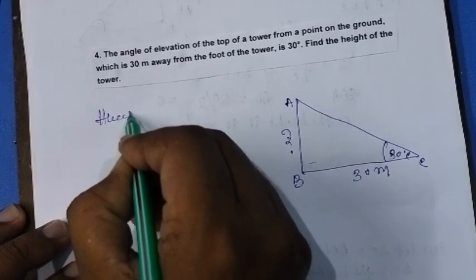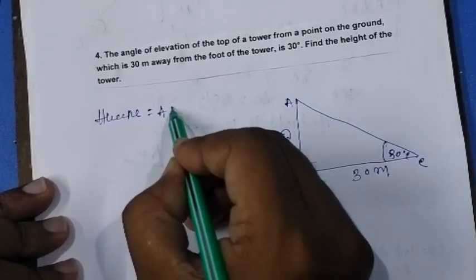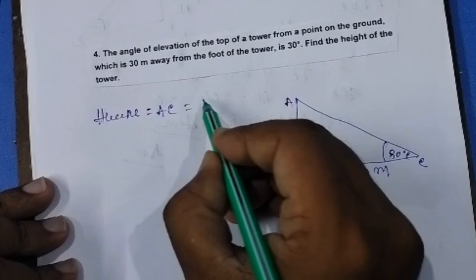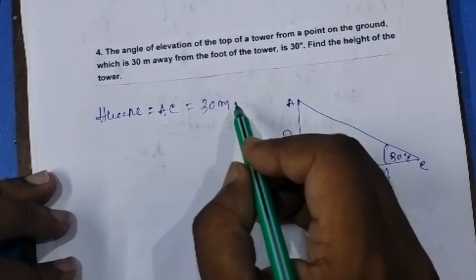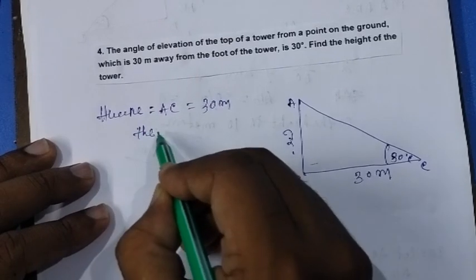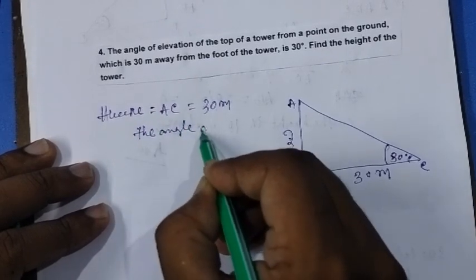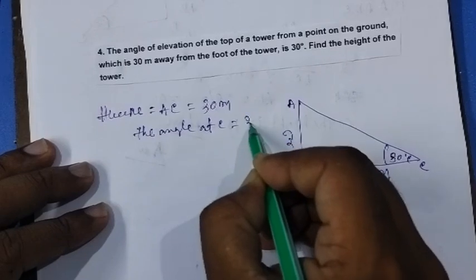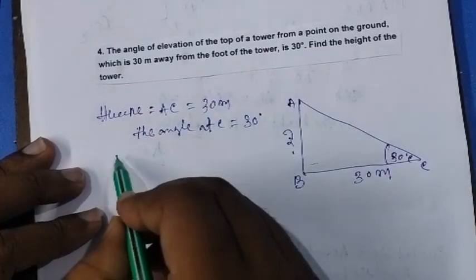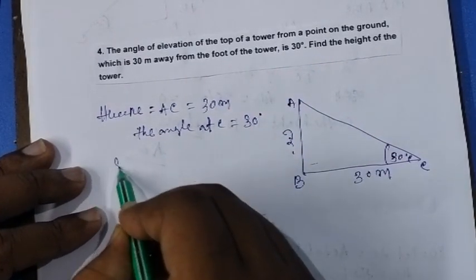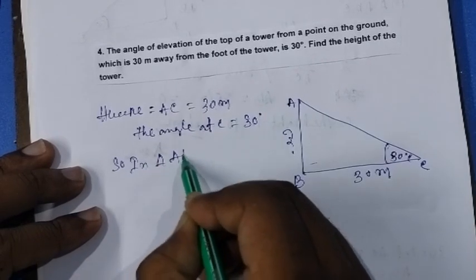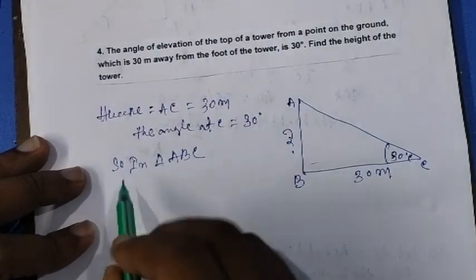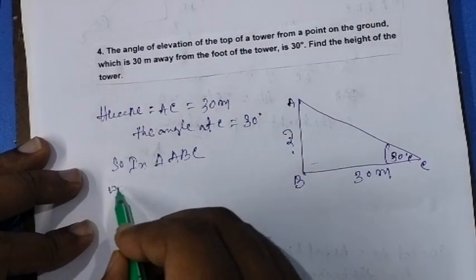Here AC is equal to 30 meter. The angle at C is equal to 30 degree. So in triangle ABC we have to find out tan 30.